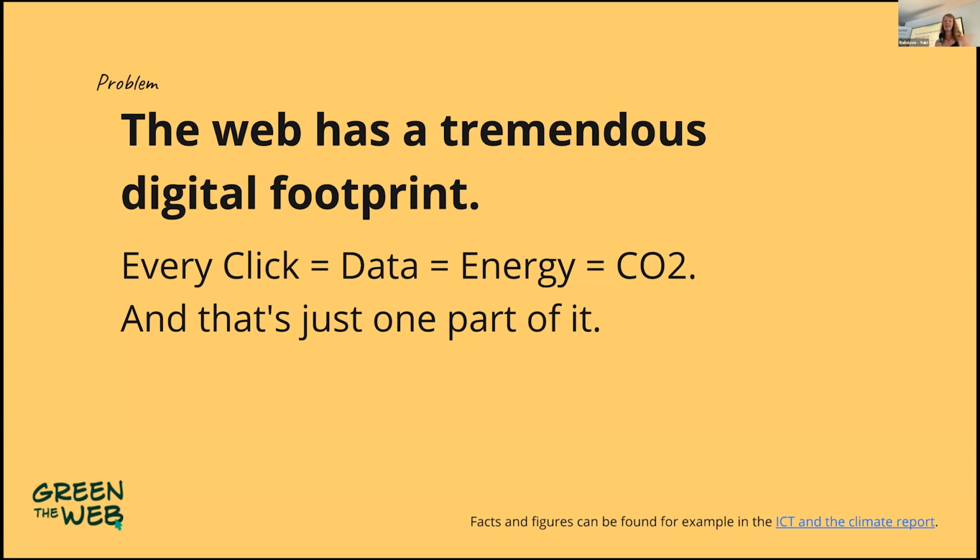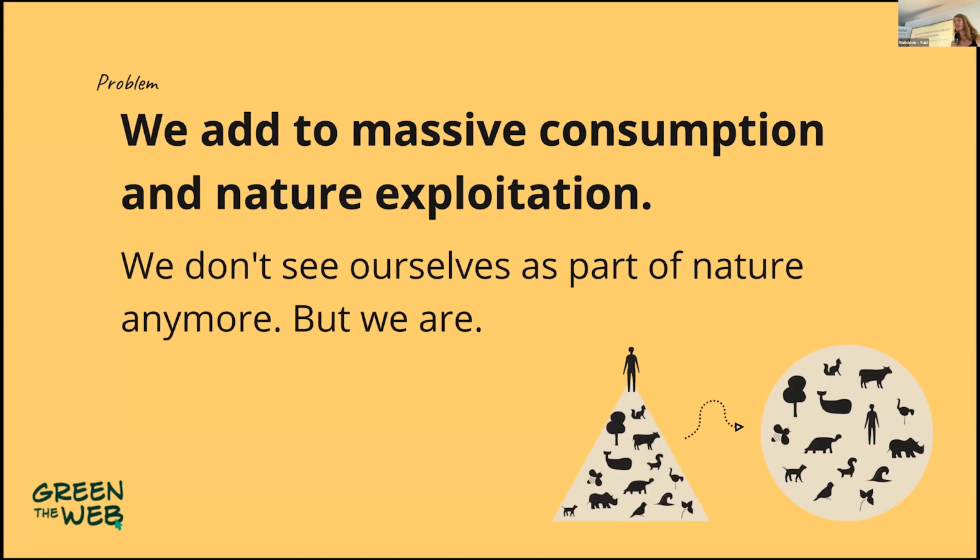But every click means data, means energy, means carbon emissions. And that's just one part of the whole digital footprint area. Plus, we add to massive consumption and nature exploitation with a lot of the things we do, not with everything, but with a lot of the things that we do.